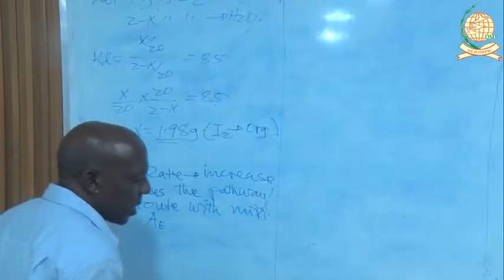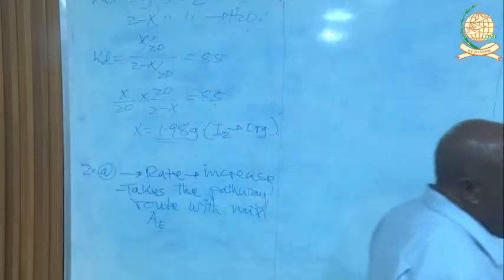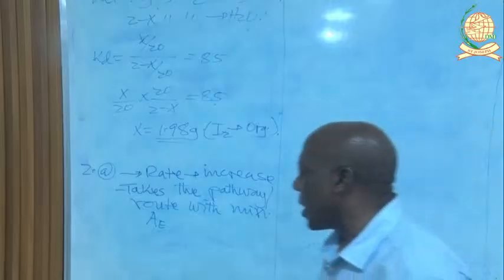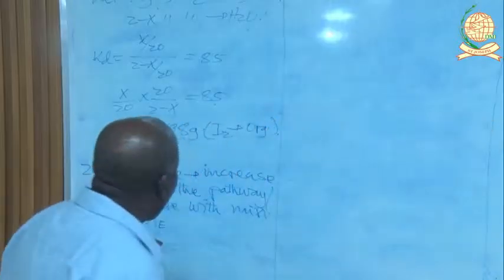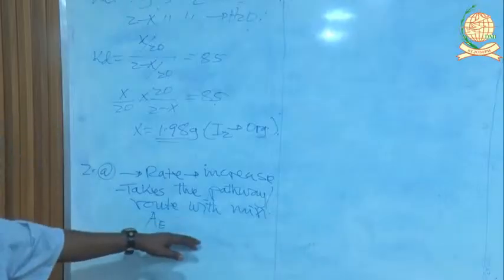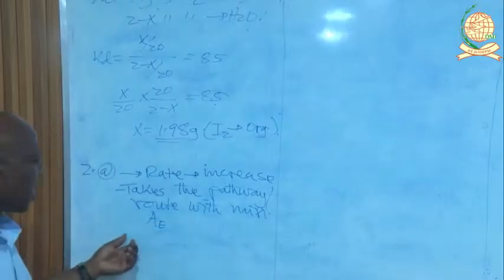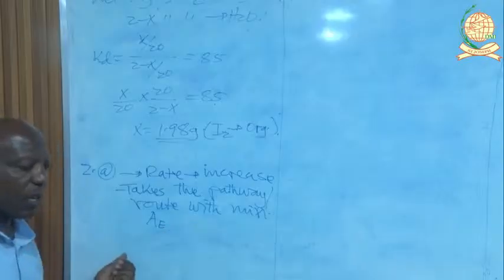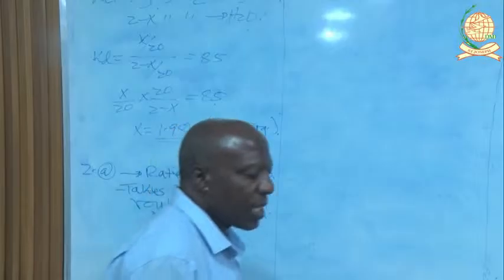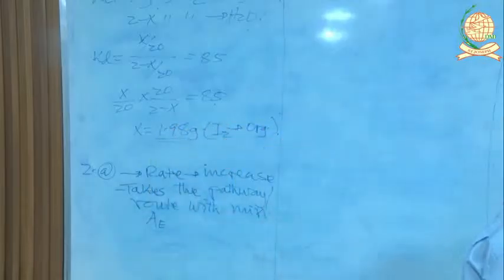So when a catalyst is added to any reaction, it will change the pathway or route taken by that particular reaction, but it will find the pathway or create the mechanism which involves lower activation energy, because activation energy is like a barrier. It's a barrier that prevents a chemical reaction from occurring.